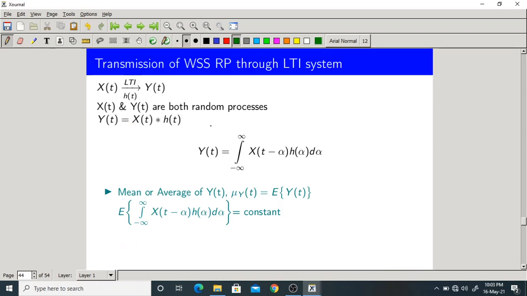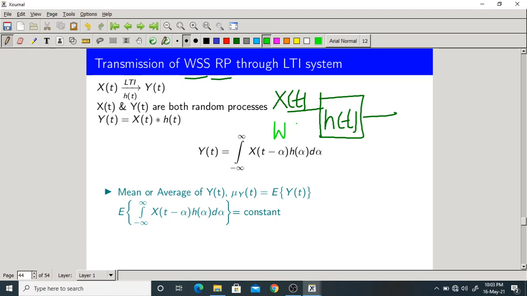Next, what will happen if you pass an SSS random process through an LTI system? Take an LTI system with impulse response h of t. You are passing a random process X of t, which is obviously SSS. What is Y of t?